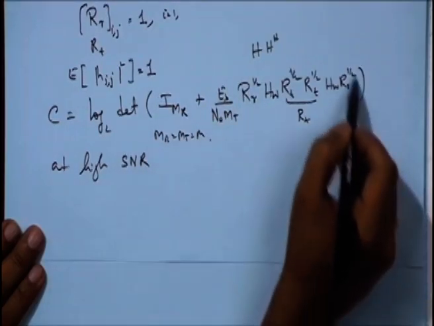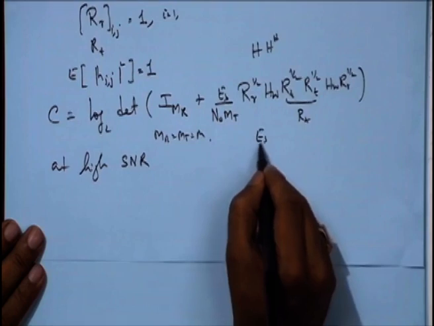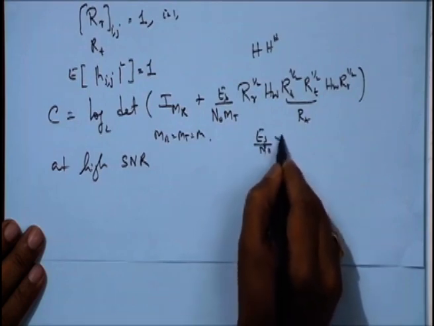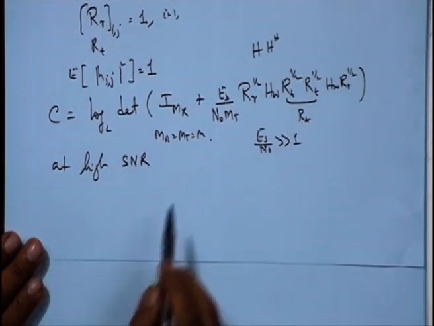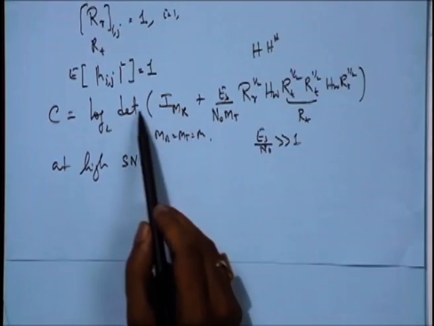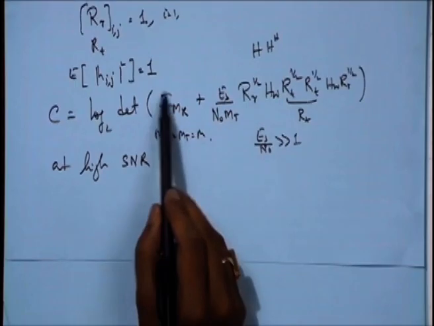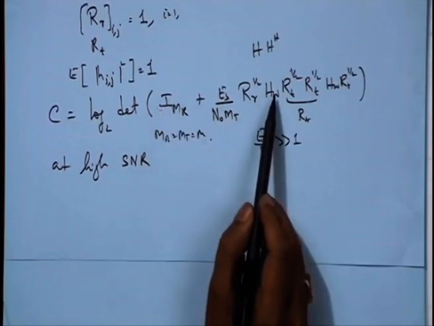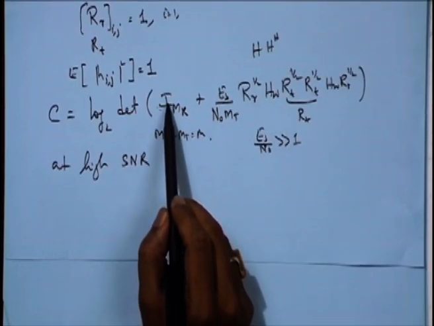So we could say that it is dominated by this, because we are saying that Es by N0 is much greater than 1, because the determinant would be having the eigenvalues of one matrix and that of the other matrix. So basically this will lead to 1.